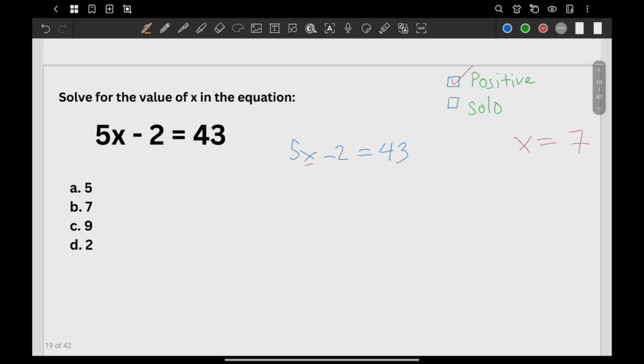Is it already solo? The variable x is not yet solo. And sir, how do you make it solo, I mean solo on one side? What do you mean side, sir? Because in our equation, there's an equal sign, right? This is the left side of the equation and this is the right side. You can make the variable x solo on the right side or left side, it's okay, as long as it's positive and solo.